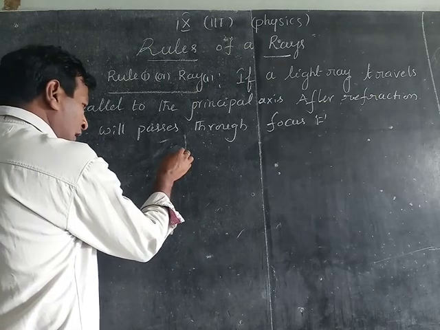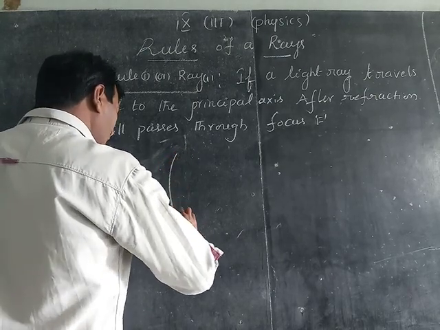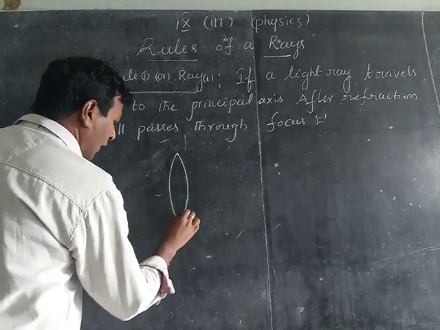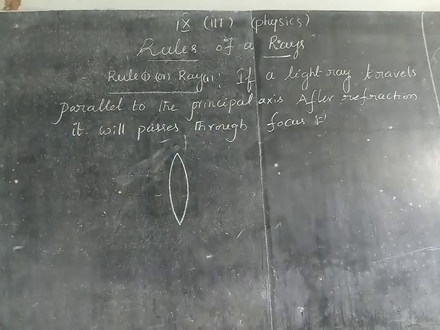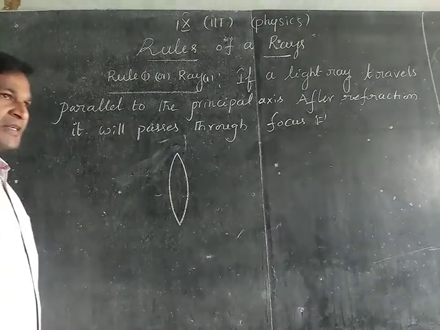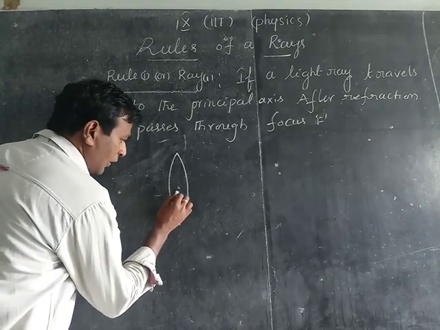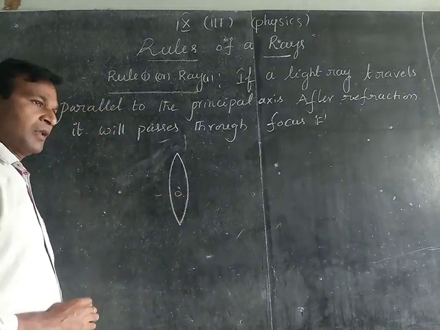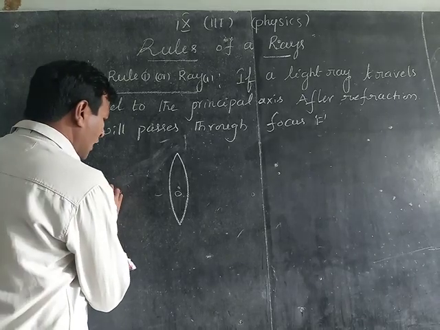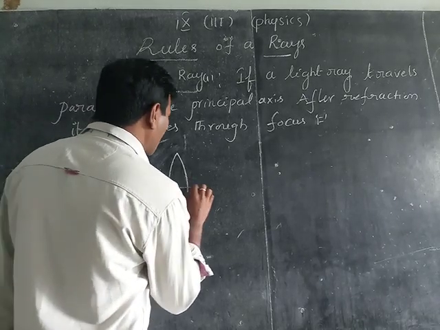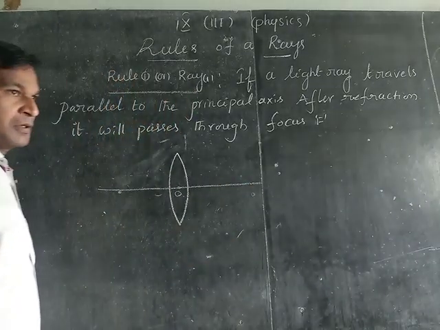So first draw the lens. What type of lens do you know? Convex lens is called a converging lens. So this is the optic center. Now draw the line, which is the principal axis.